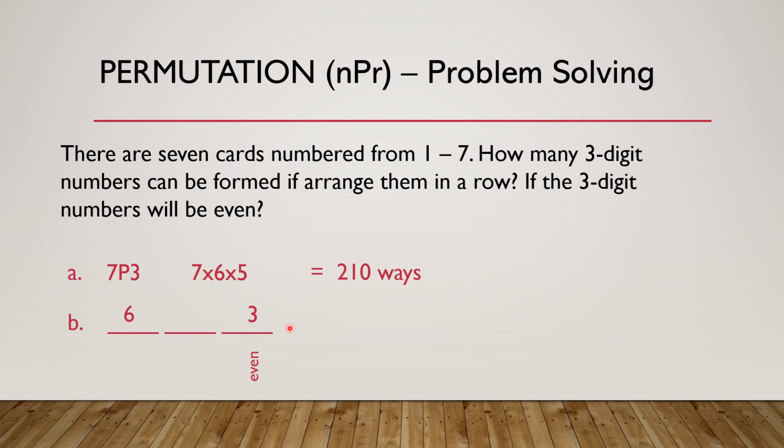And here we are now using 2 cards, so how many choices do we have for the second card? That would be 5. Now we have 3 cards that will form 3-digit numbers. So 6 times 5 times 3 is equal to 90. So there are 90 ways to form a 3-digit number that is even.